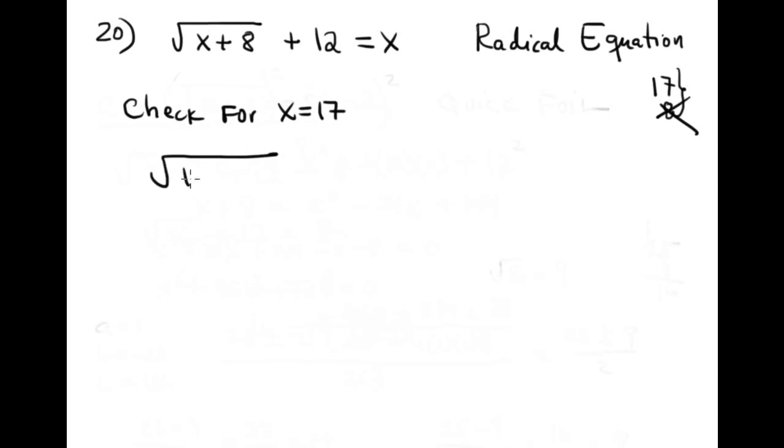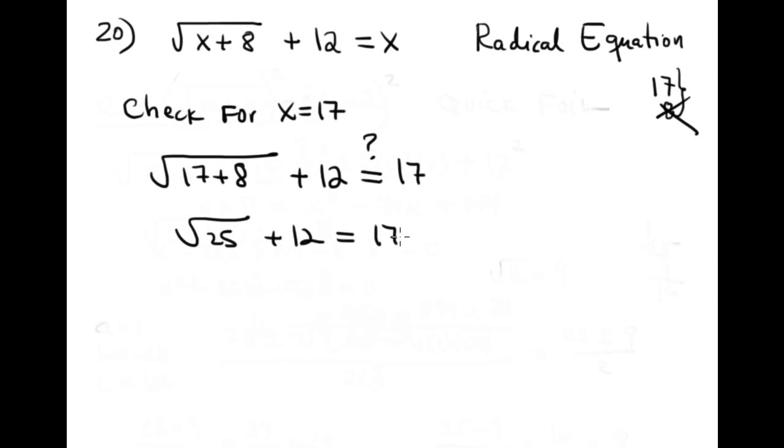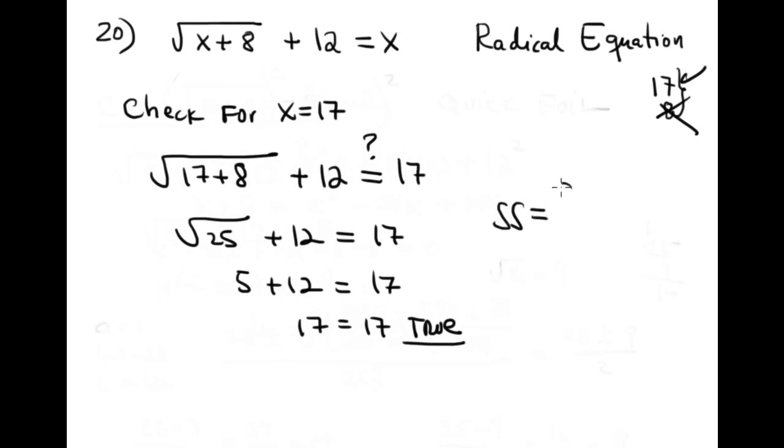Square root of 17 plus 8, plus 12, should be equal to 17. 17 plus 8 is 25. Square root of 25 is 5. 17 is equal to 17. It's true. Now the solution is perfect. Conclusion: the solution set is 17.